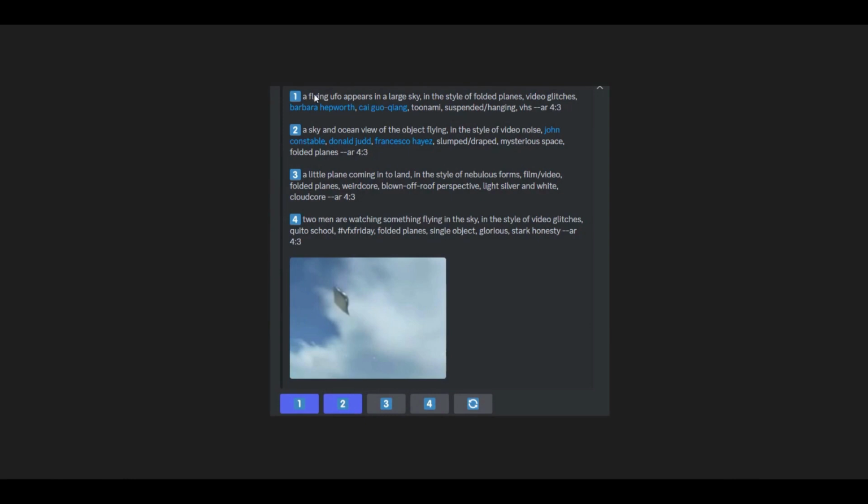And here it put a flying UFO appears in a large sky, folded planes. The only thing that was the same throughout, the commonality in all of the four different breakdowns it put, was this folded planes. You can see here, if you want to pause and read through all of them, folded planes here, mysterious space. This one actually called it a flying UFO appeared in a large sky.